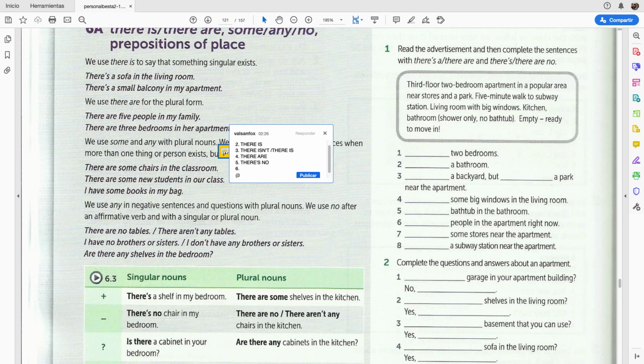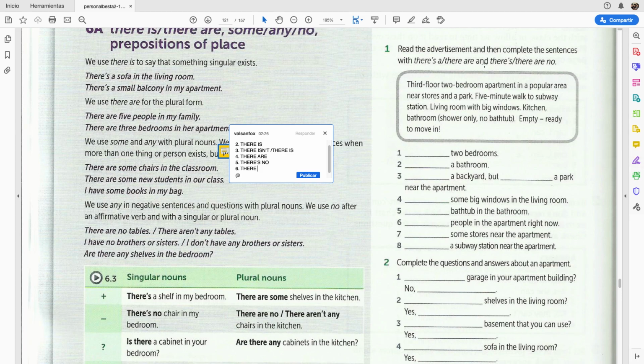Number 6, people in the apartment right now? No, because here it says that it's empty. So we say there, if it is no, we need to use a negative.